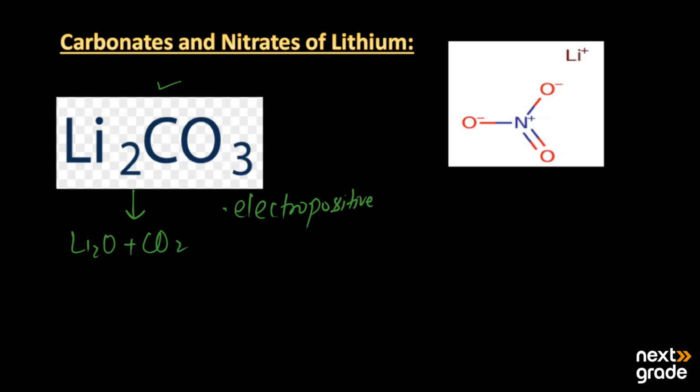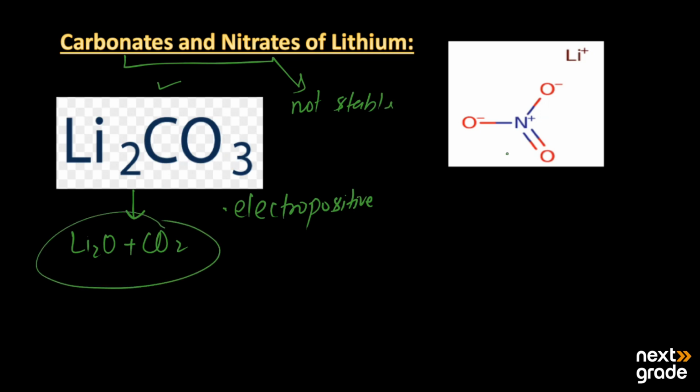Thus, its carbonates and nitrates are not so stable. Both are unstable and readily convert into other products like this. And if we have the nitrate, its formula is lithium nitrate, and it can be converted into lithium oxide plus nitrogen dioxide.